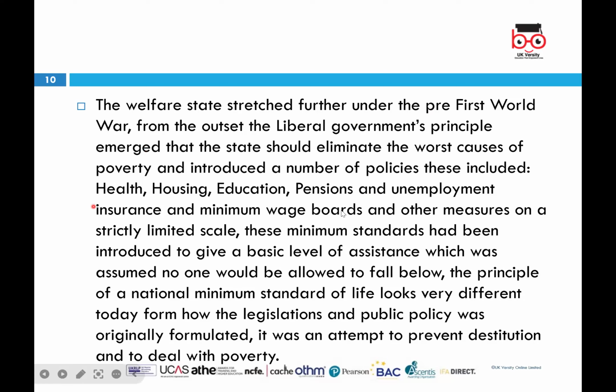Other measures were also very strict. Certain minimum standards were set and introduced to give a basic level of assistance. You can't assist everyone.